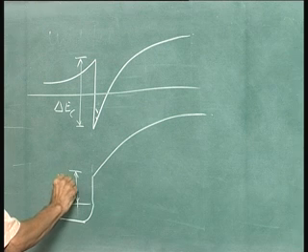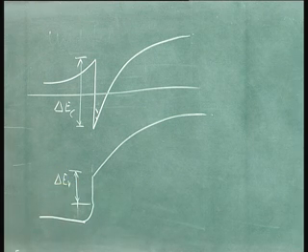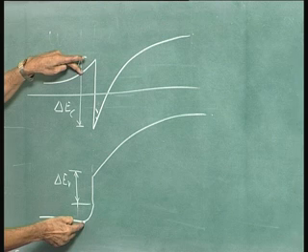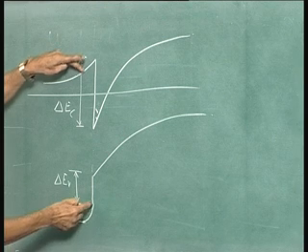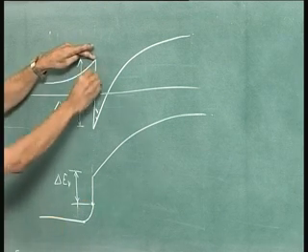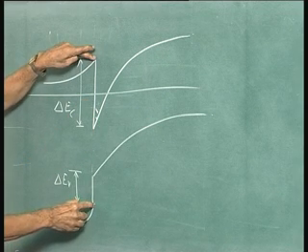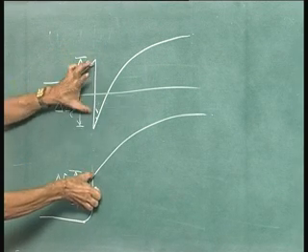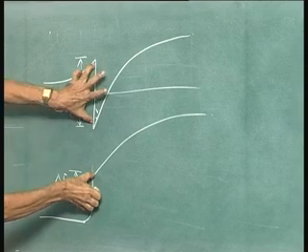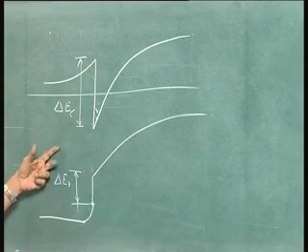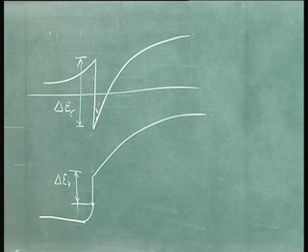I am sorry, yeah, this is the valence band edge, this is the conduction band, that is E g 1 and this is E g 2. So the difference between the two is the sum of these two, delta E v plus delta E c, that is the difference in the band gap. Just visualizing it, because there are too many lines in the diagram. For further discussion, we do not need that, you can drop this and draw only the conduction band.